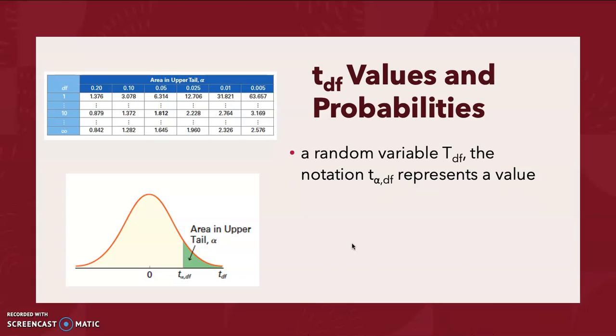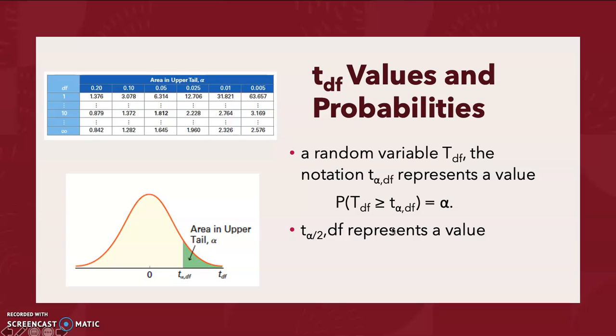Thus, for a random variable t-df, the notation t alpha, df represents a value such that the probability that t is greater than a value, a t-statistic, is equal to alpha.